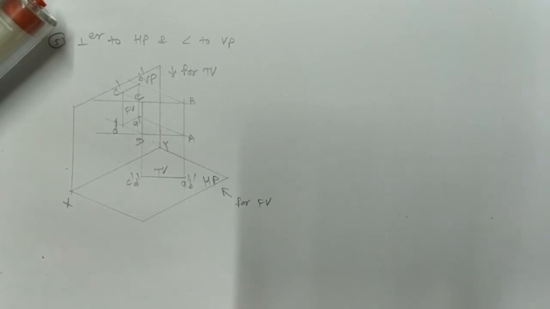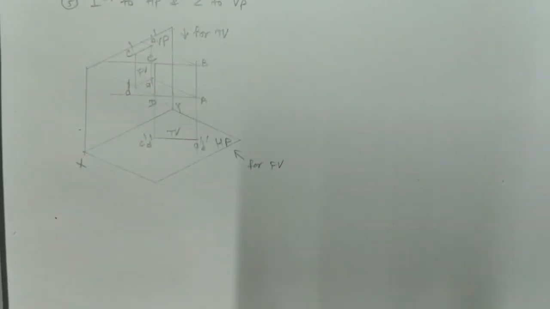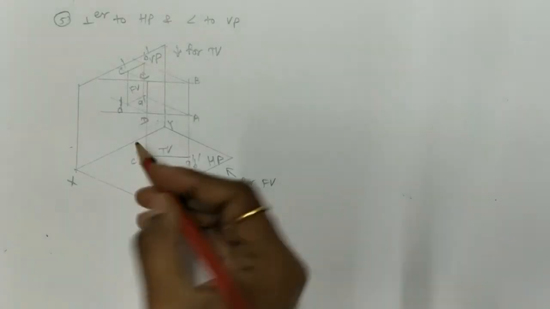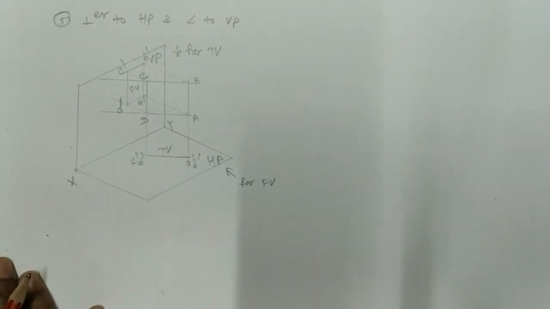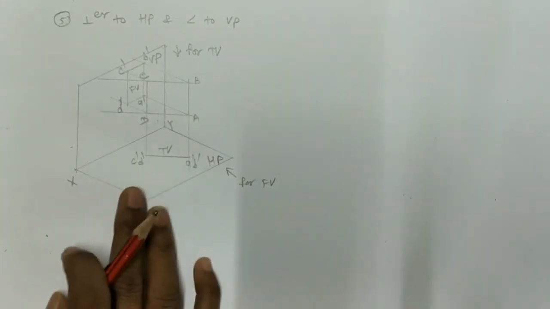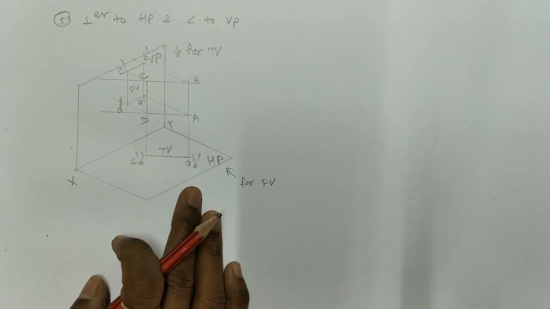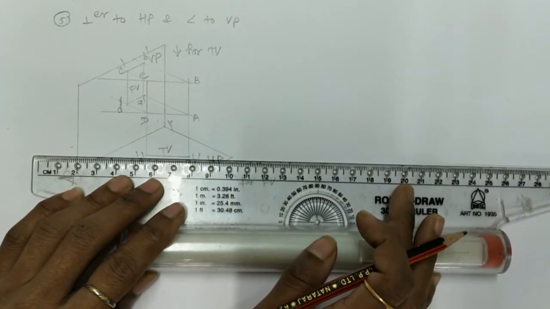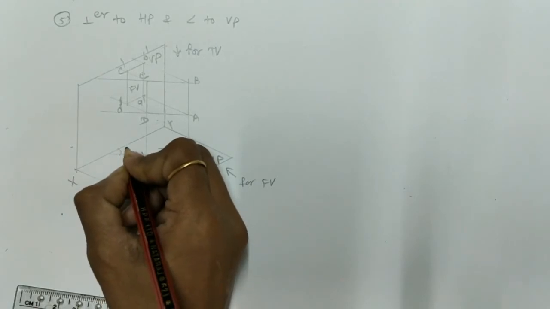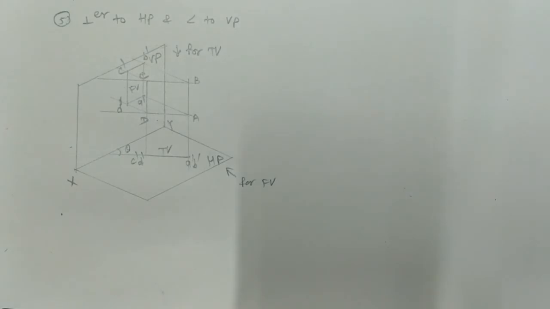So when plane is perpendicular to HP and inclined to VP, then in this condition front view will look like a rectangle and top view is a straight line. Sorry, top view is an inclined line. Top view is an inclined line which is inclined to the vertical plane. As we can show the inclination angle also. This is the angle theta. So this is the inclination angle.